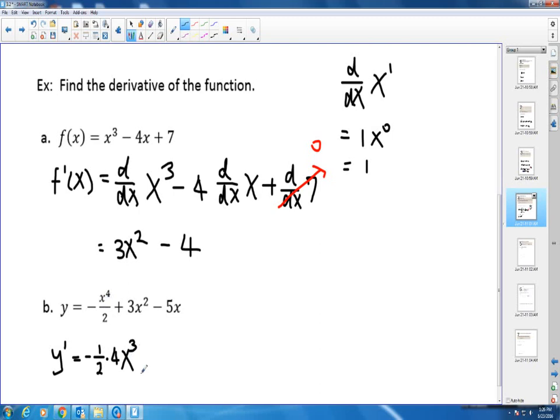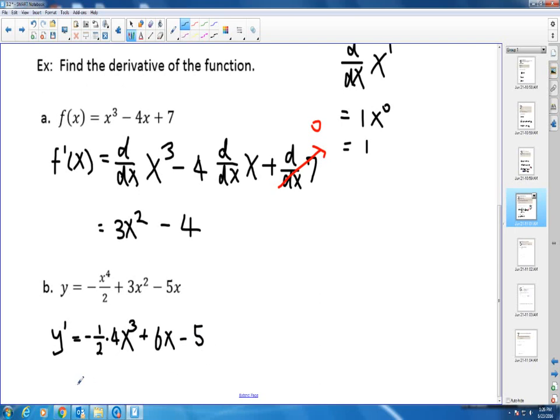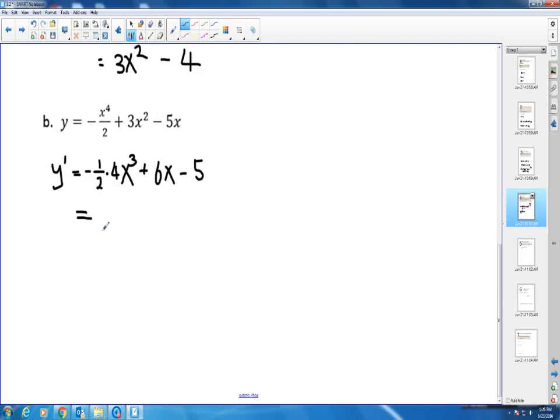Exponent minus 1, plus, move the exponent down, so that'll be 3 times 2, which is 6x to the 1st power, because exponent minus 1, minus the derivative of x, which is just 1. 1 times negative 5 would just be negative 5. So let me clean this up a little bit. My y prime, negative half times 4 is negative 2, x to the 3rd plus 6x minus 5.